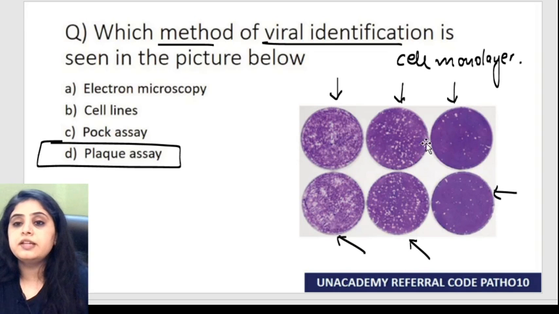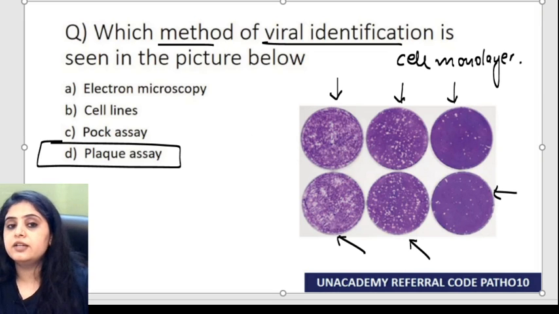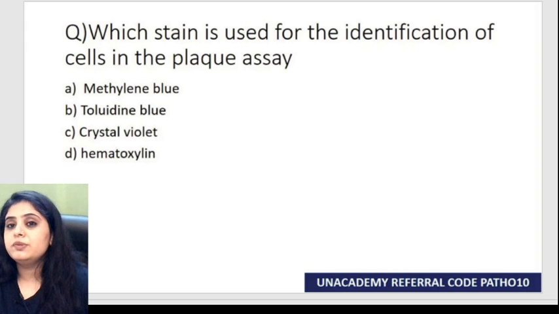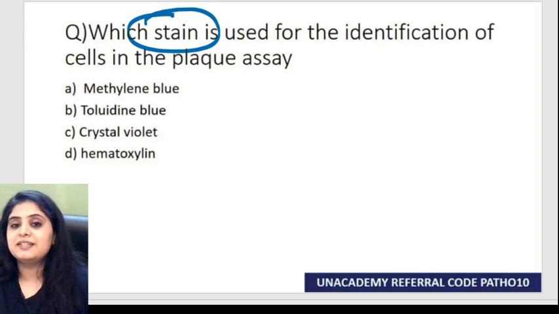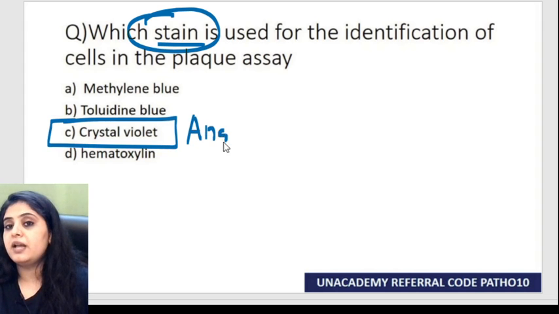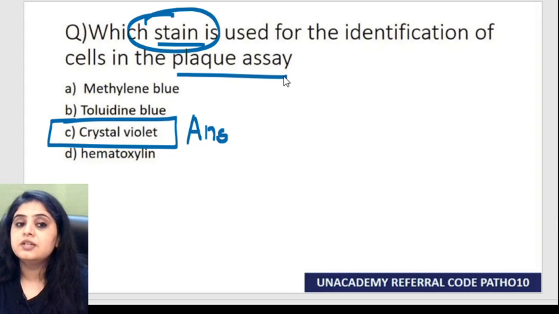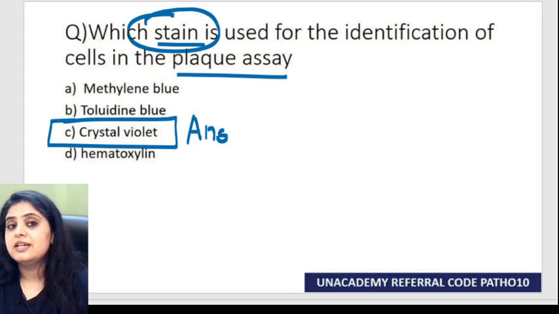But if I show you the same violet color picture that you have over here, and I ask you, what was the stain that was used? If I ask you which stain has been used, the answer is crystal violet. So for plaque assay, which stain is used? Crystal violet. So if you knew these answers, you're really intelligent. If you did not know the answers, listen to me.